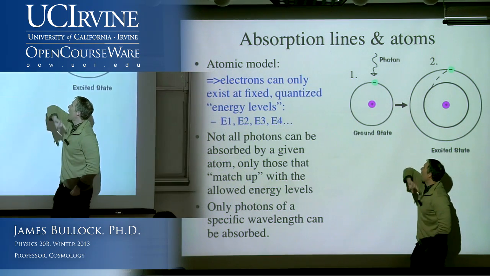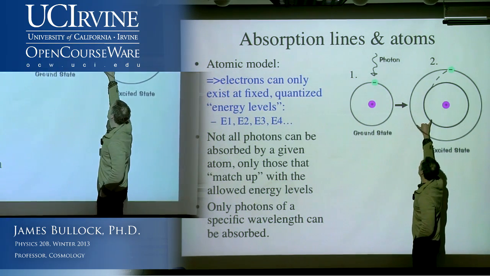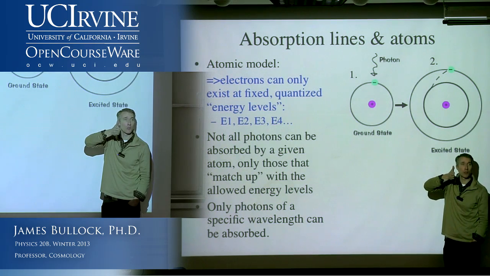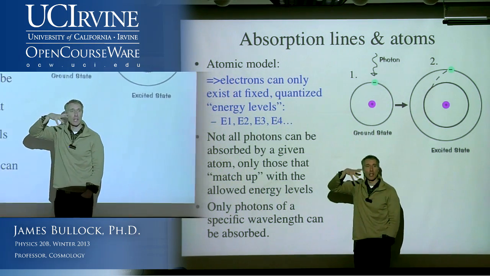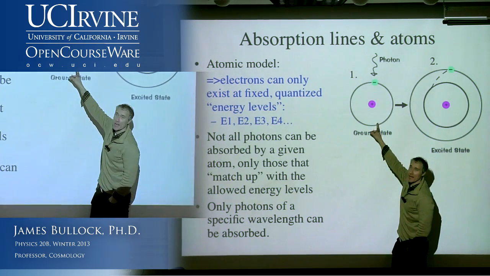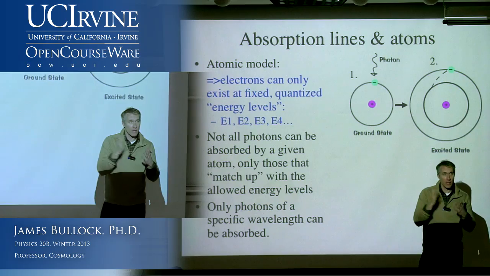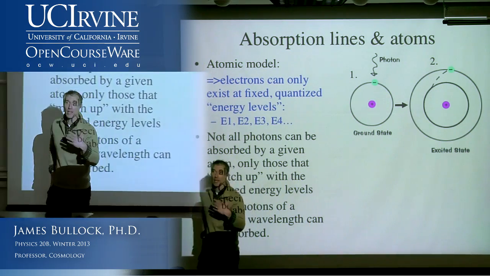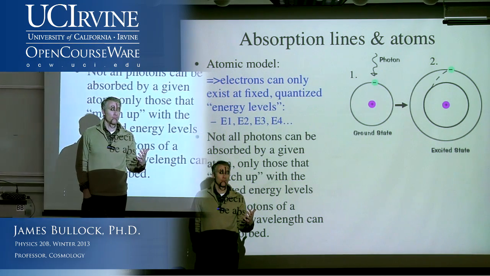Like I said, if you add, say, another proton to the nucleus, that will change the energy difference here, and so the type of light it wants to absorb will change. More or less, the only thing that governs this is the type of atom that you have. So if you know the type of atom, there's a very specific set of rules that tell you what lines it wants to absorb or emit. Does that make sense?